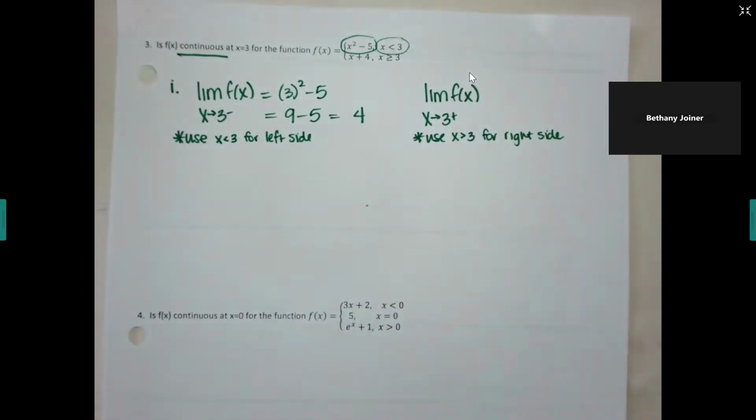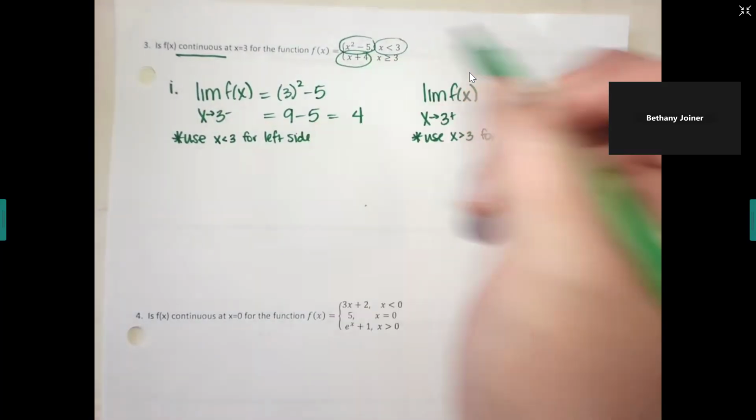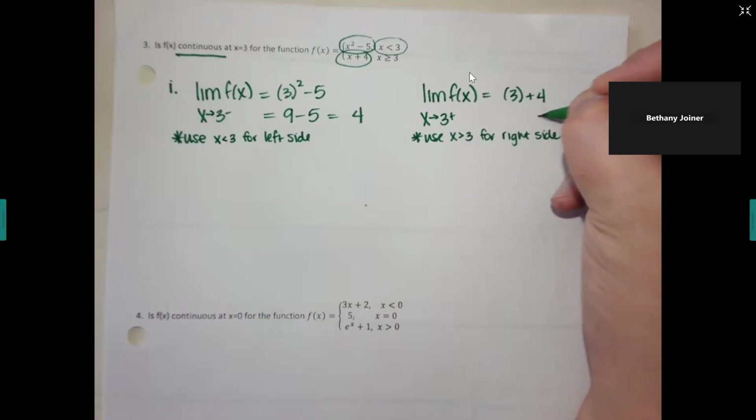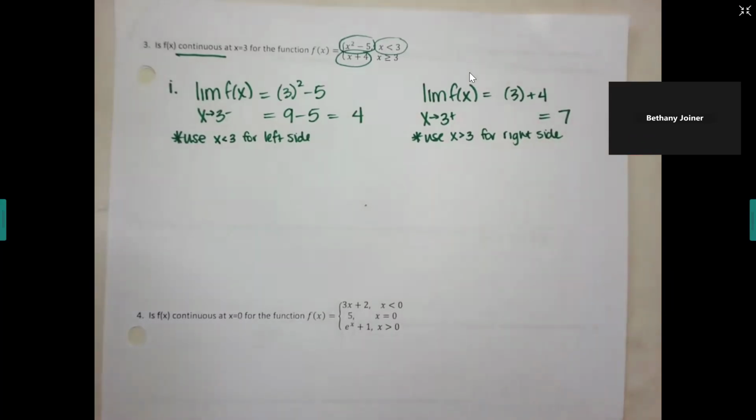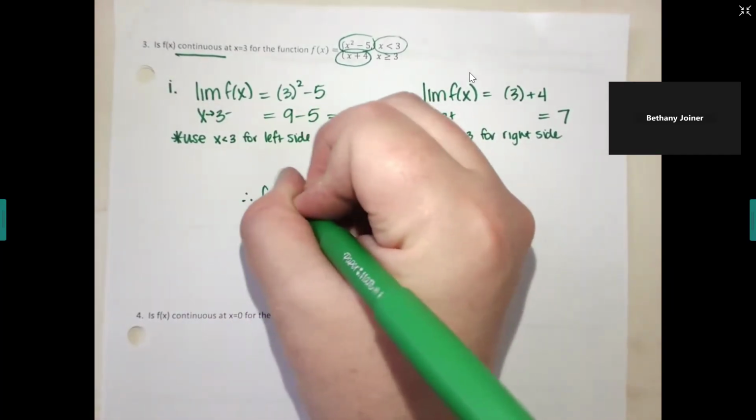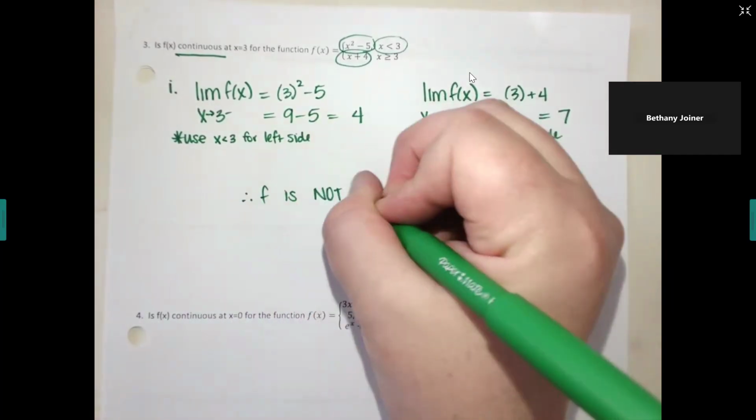On the other side, we're taking our 3 and plugging it into the x greater than 3 piece, which is the bottom. My equation is x plus 4, which becomes 3 plus 4, which is 7. So my left side is a 4, my right side is a 7. Is condition 1 met? Automatically, what's your conclusion? Therefore, f is not continuous. Good job.